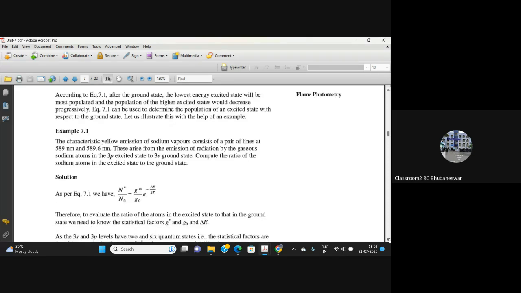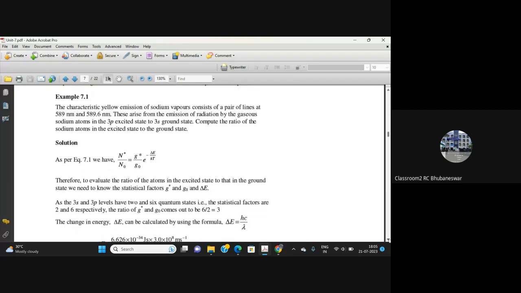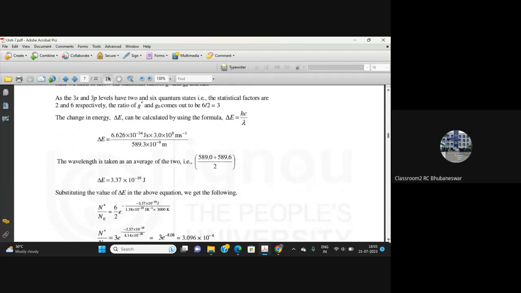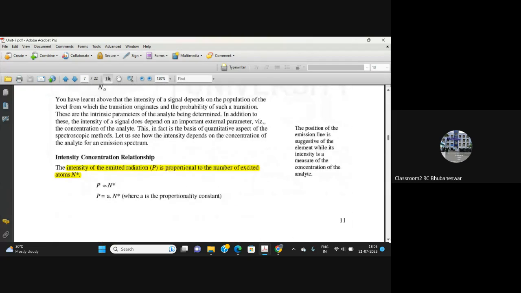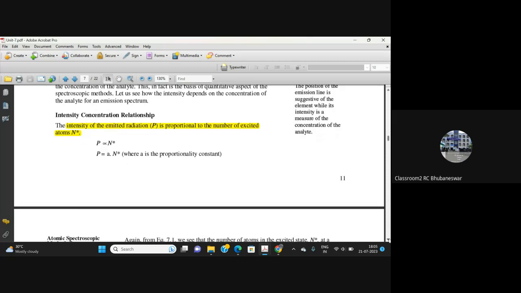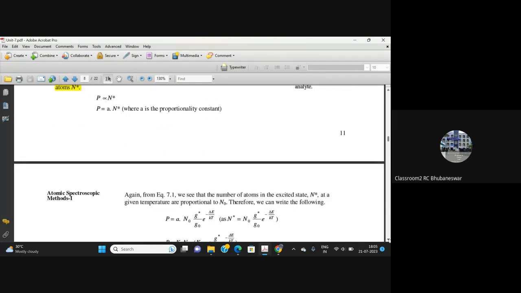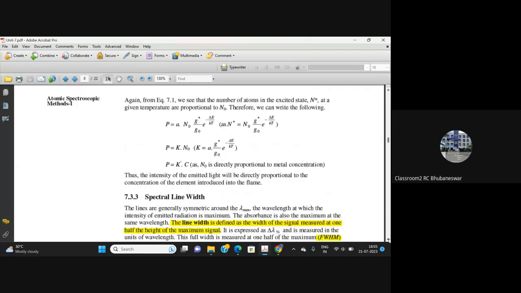Based on this Boltzmann distribution, there is one numerical. Numericals you must practice at home. It is given here. Then, as we are discussing, intensity and concentration are proportional to each other. If concentration is more, then the intensity of emitted radiation is more.